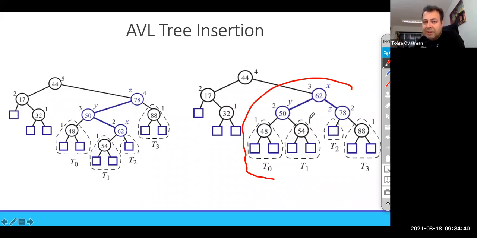So if there's an addition larger than 44 to here, you might do some additional rotations. Well, it depends on what you add also, but if there is an appropriate number coming in, you might do additional rotations to make this tree still balanced, because it's going to be placed somewhere like here, and that is going to be still balanced.